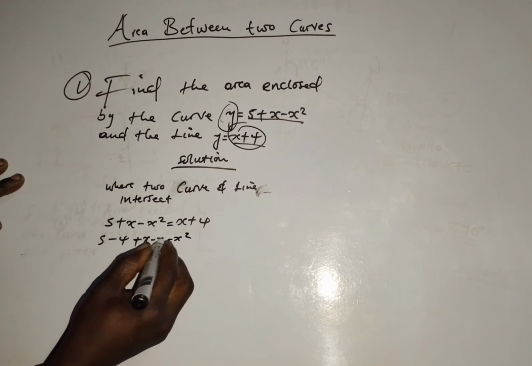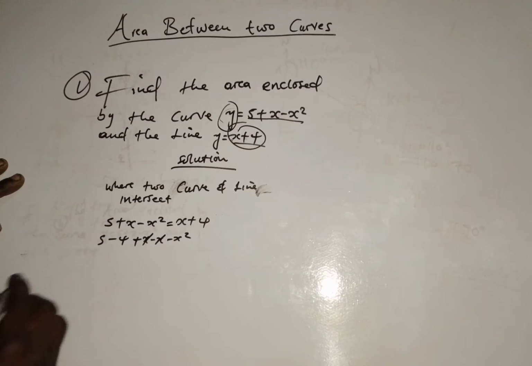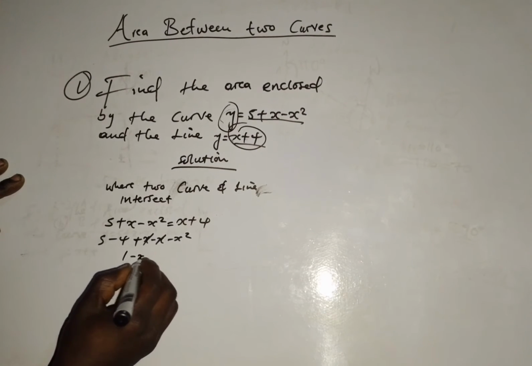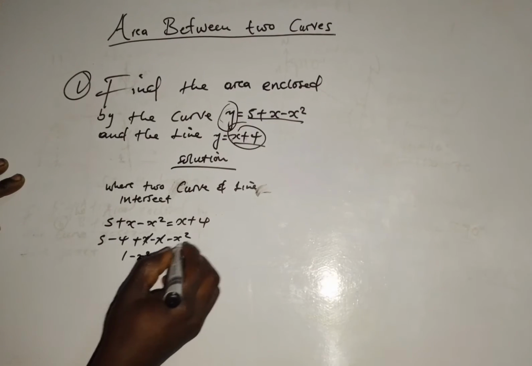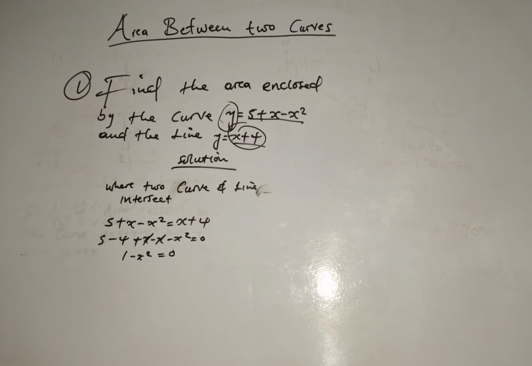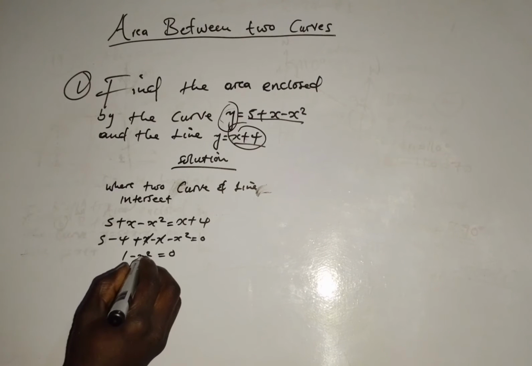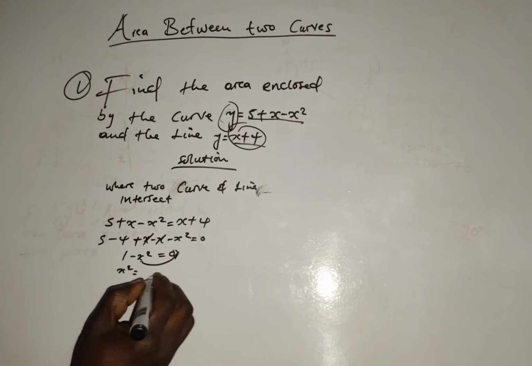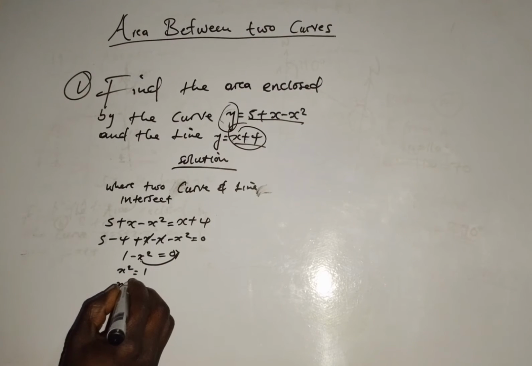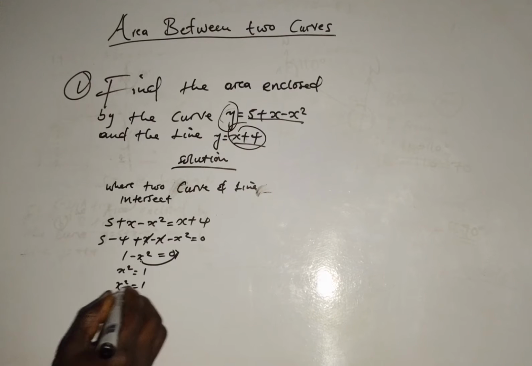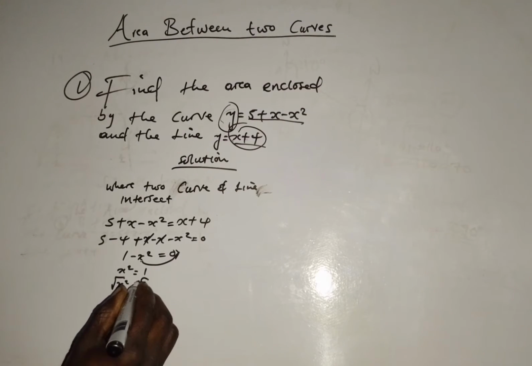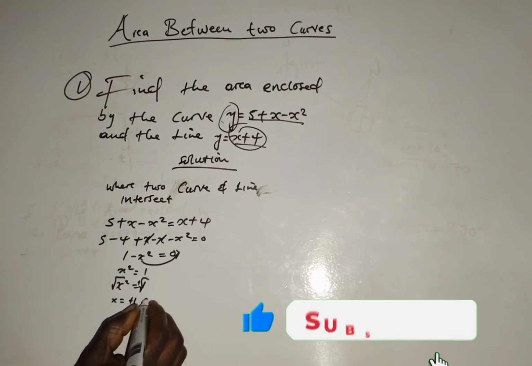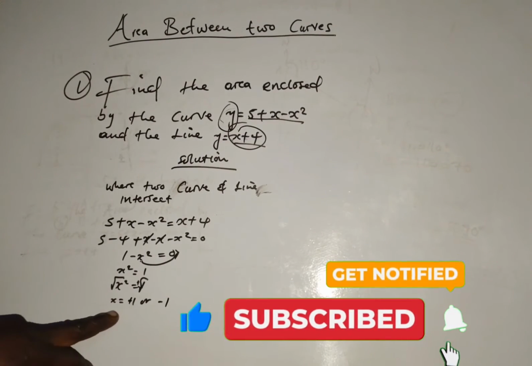The x and x cancel, because x minus x is 0, and 5 minus 4 is 1, so 1 minus x squared equals 0. Now x squared crosses the equal sign, so x squared equals 1. We take the square root of both sides, plus or minus, so x equals plus 1 or minus 1. So this is the point of intersection.